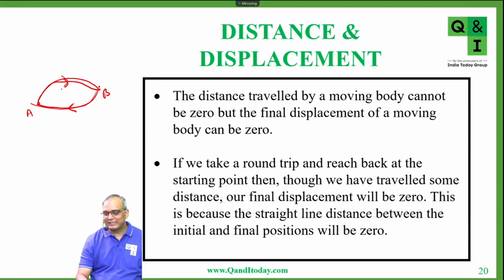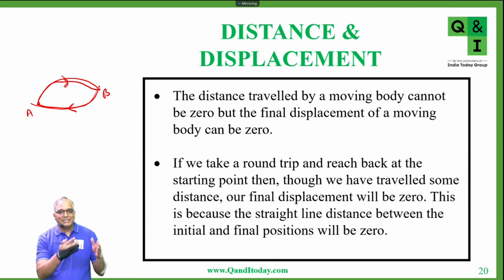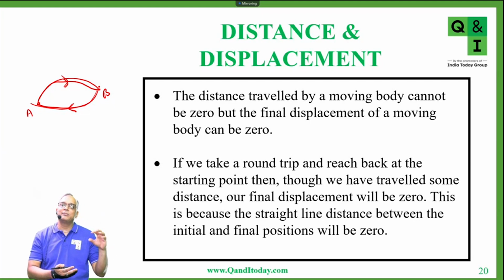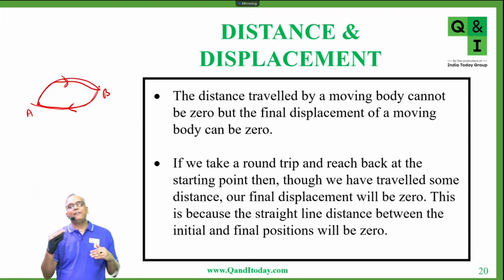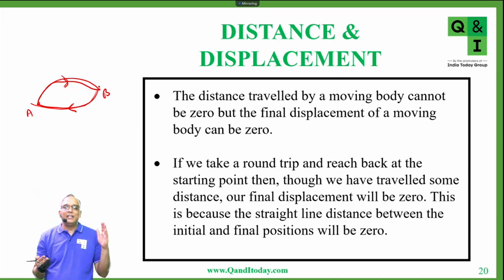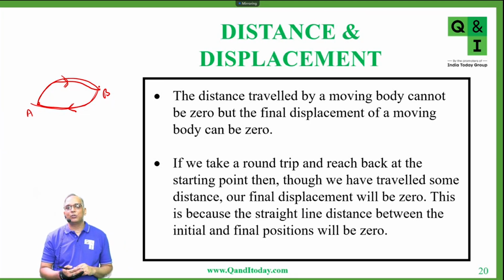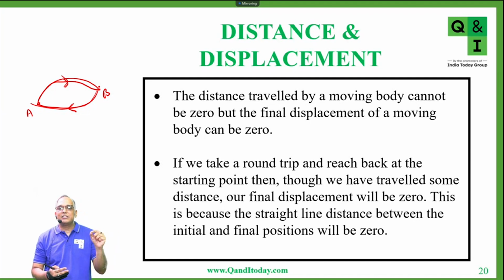So here the body starts from a position and returns to the same position. So initial and final position remain the same. When initial and final position remain the same, even if the body has covered some distance, the displacement will be zero. Because what is the definition of displacement? The displacement is the shortest distance between initial and final position. When initial and final position is the same, what is the shortest distance? The shortest distance is zero, right?